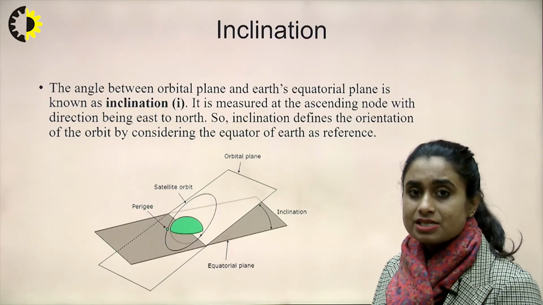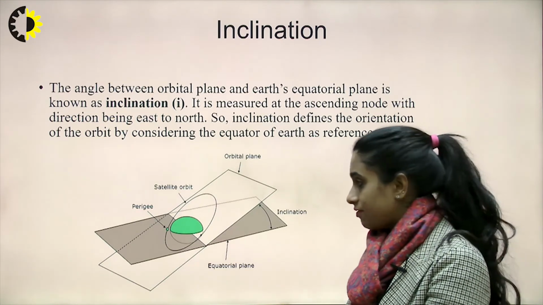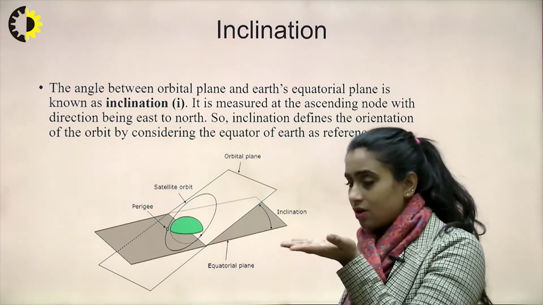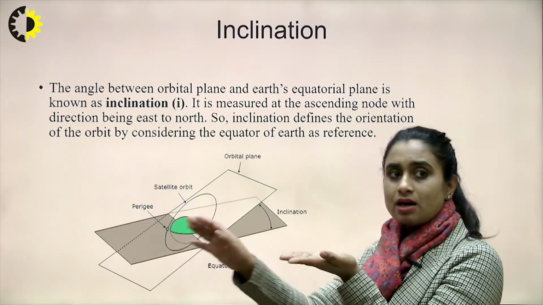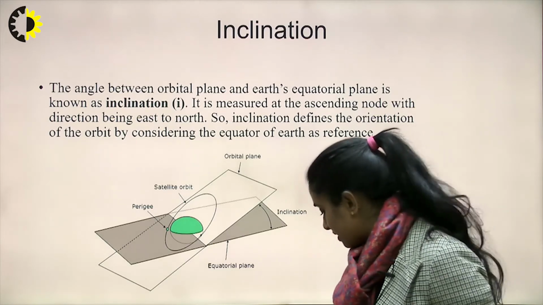Next is inclination. At what angle something is inclined? If I take the horizontal plane like this, the inclination angle will be at what angle the orbital plane is inclined, right?